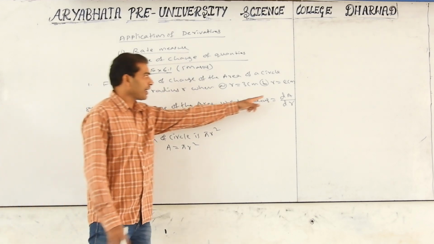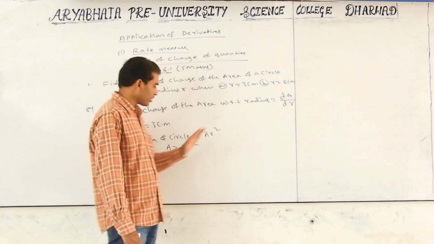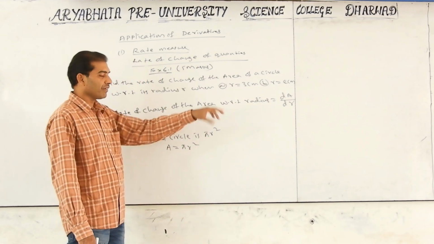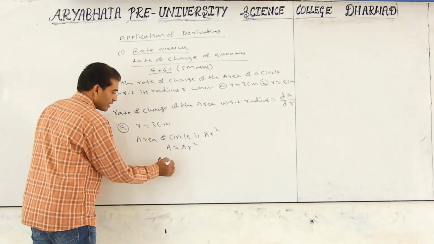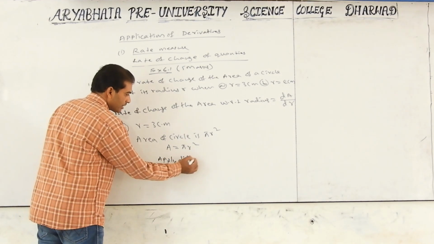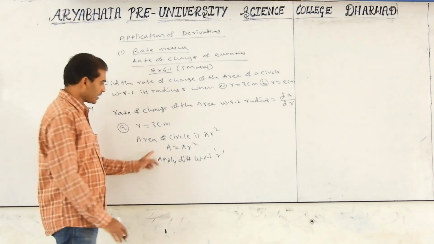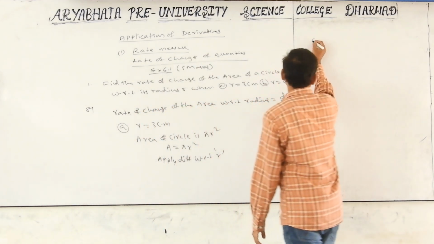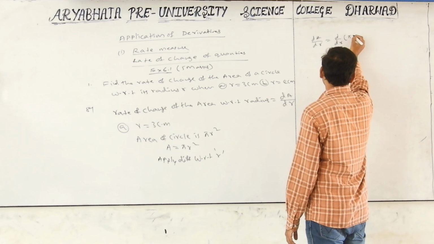Now we are going to find dA by dr, with respect to r. So we should differentiate with respect to r, not x. Then dA by dr equals d by dr of pi r square.